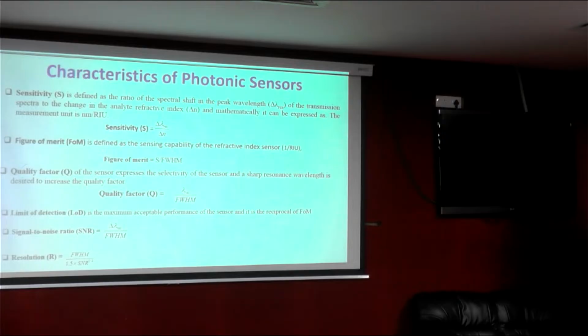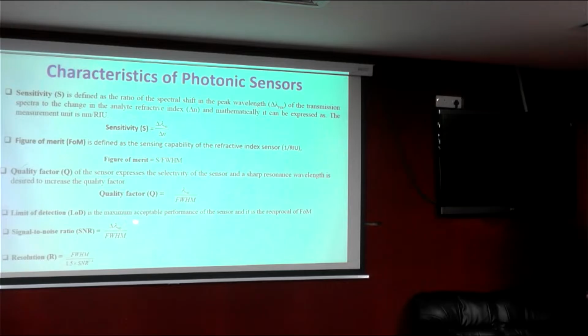With a sinusoidal wave like this, the width will change. This is what we call FWHM. If you have a sharp peak with a narrow width, the quality factor will be high. So a high quality factor is also desired.